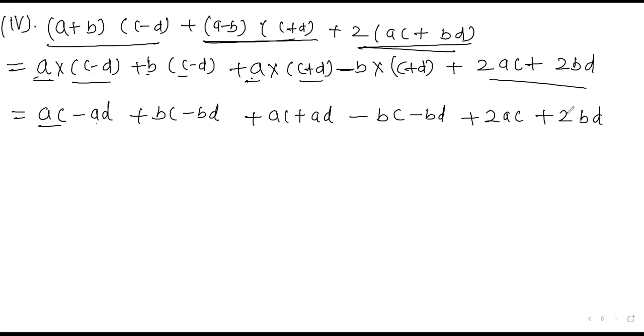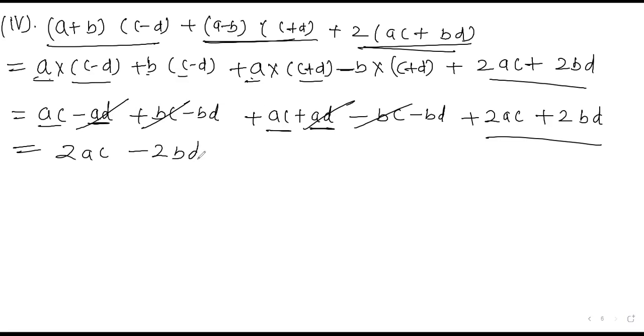This will remain the same. Okay, now look at ac, ac, both having the positive sign, so 2 times ac. ad and ad, this one ad will cancel out because of opposite sign, right? bc, where is bc? This one also cancels out because this one has a plus sign and this one a minus sign, and bd, they will be added.